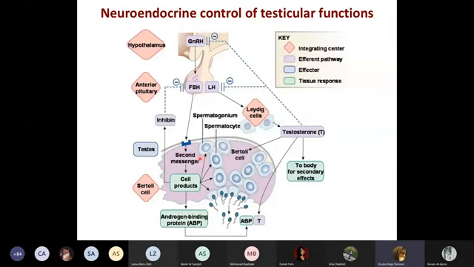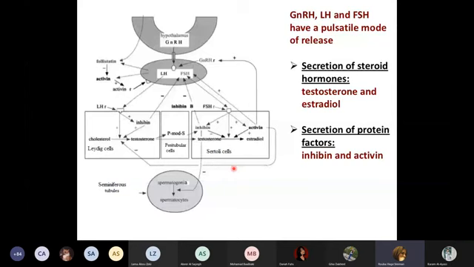Now, these GnRH and LH and FSH have a pulsatile mode of release, and they will stimulate the gonads. So the GnRH stimulates the release of LH and FSH, and we mentioned that LH and FSH, we call them the gonadotropin glycoproteins because they act on the gonads.